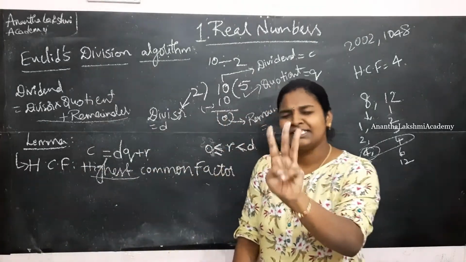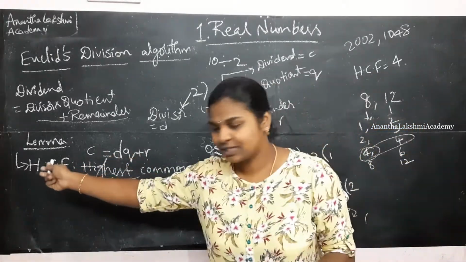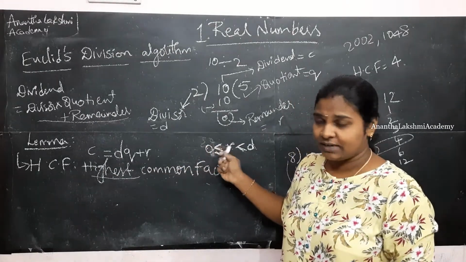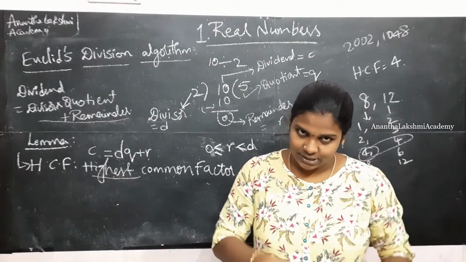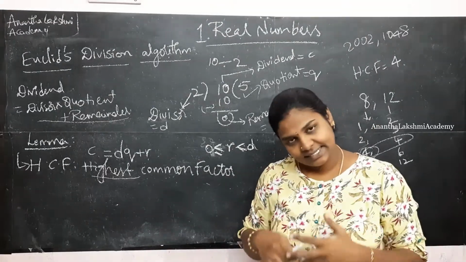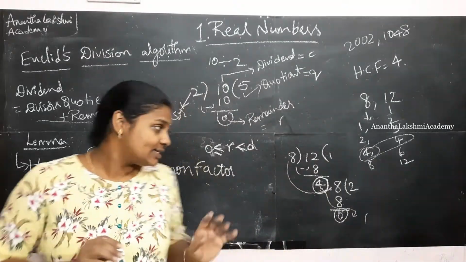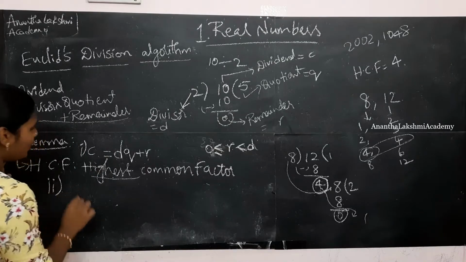There are 3 simple steps in Euclid's division lemma. The first thing is the division algorithm. C is equal to dq plus r, where 0 is less than or equal to r less than divisor, which meant remainder can be either 0 or it is always less than the divisor. That is first point. Now, what is the second point?